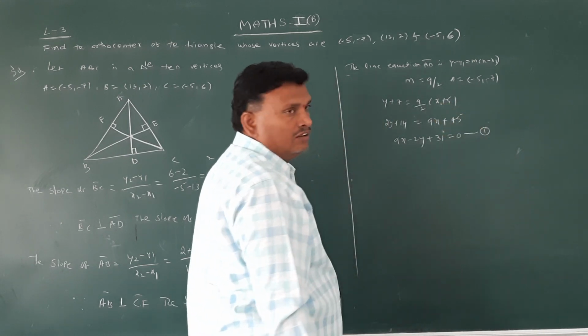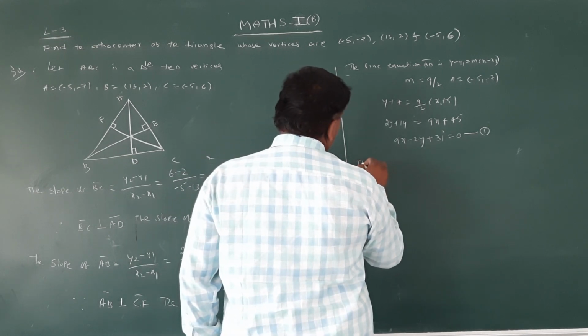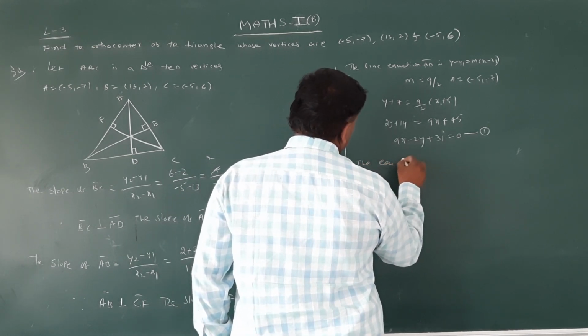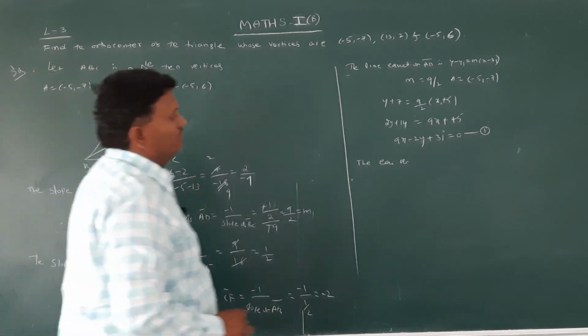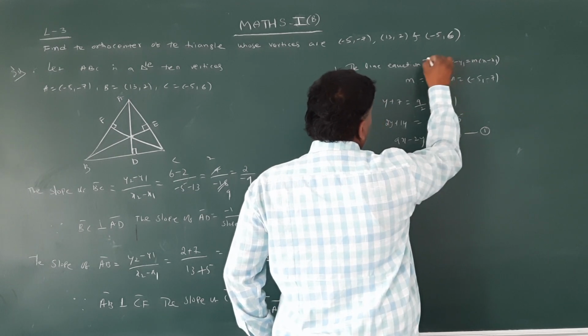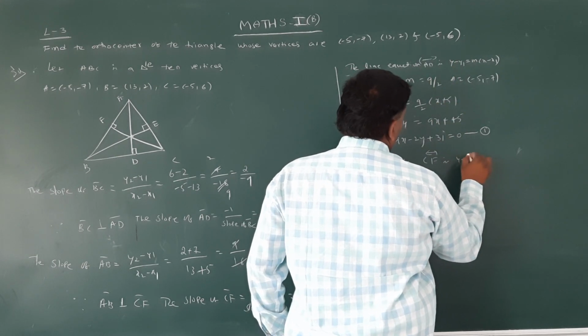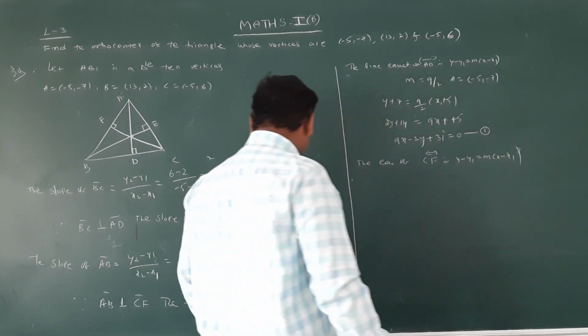Equation number 1. Next, the line equation of CF. The equation of CF is y minus y1 is equal to m into x minus x1.